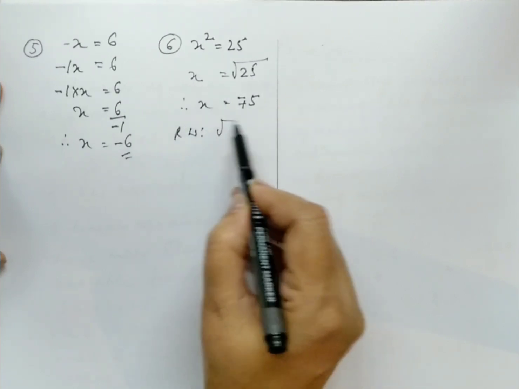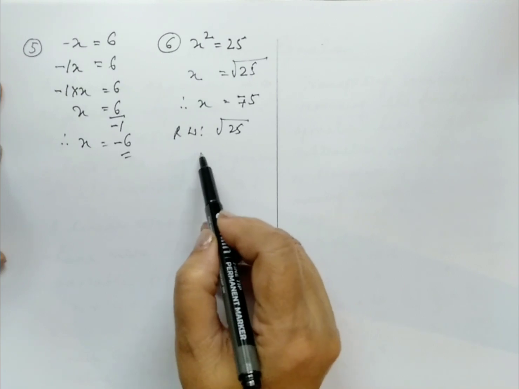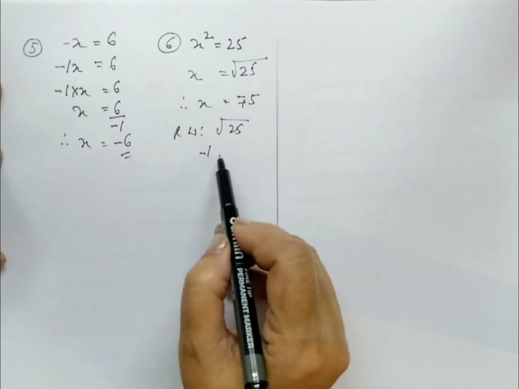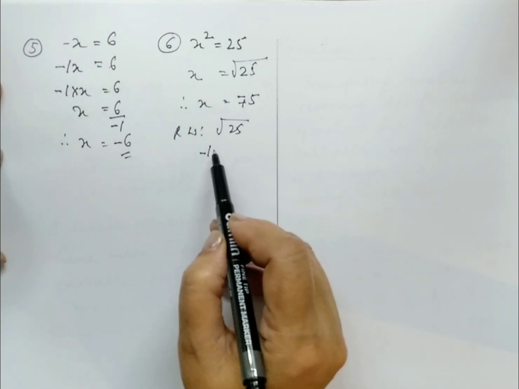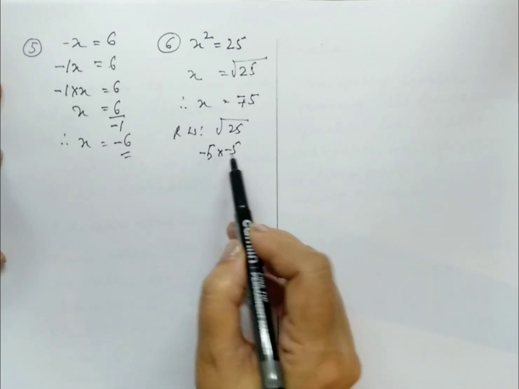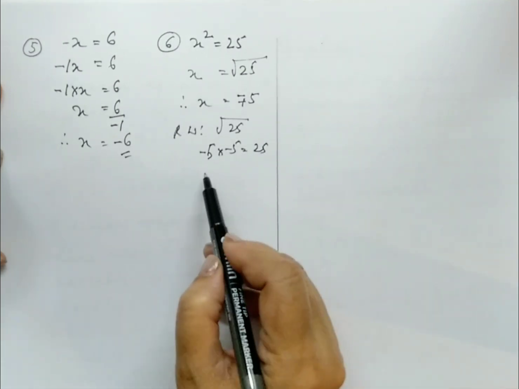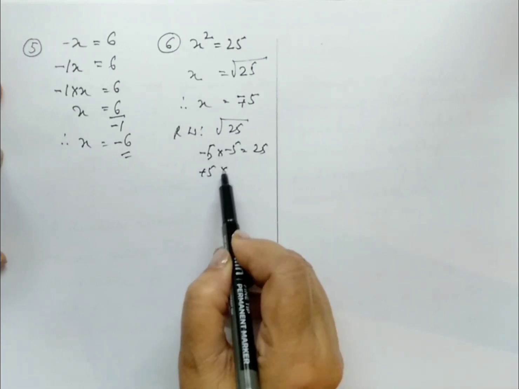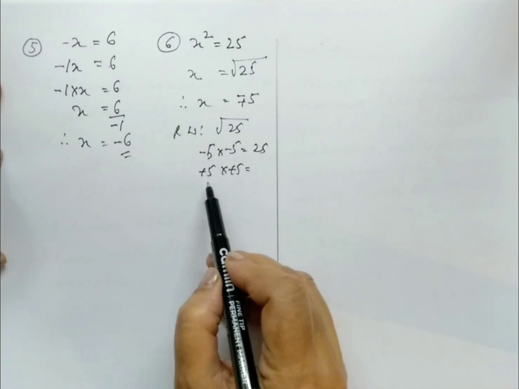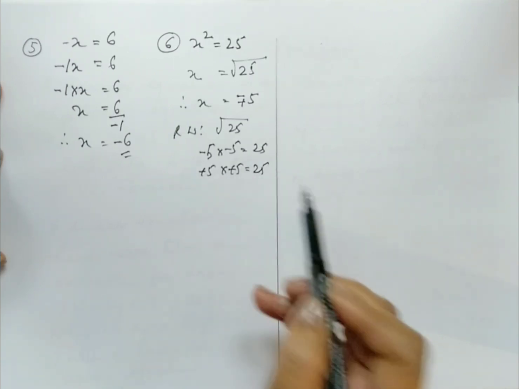Say 25 is here, correct? So what if I said, according to the rules of integers, minus 5 multiplied by minus 5, minus minus plus, that gives me 25. All right. And what if I said plus 5 multiplied by plus 5, what does it give? It gives the same thing, 25.